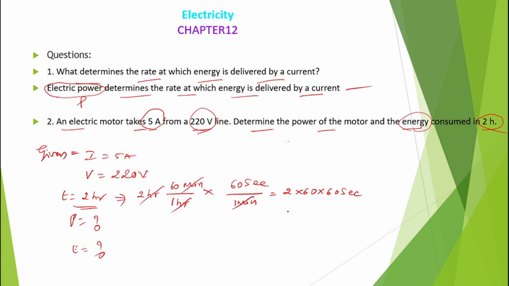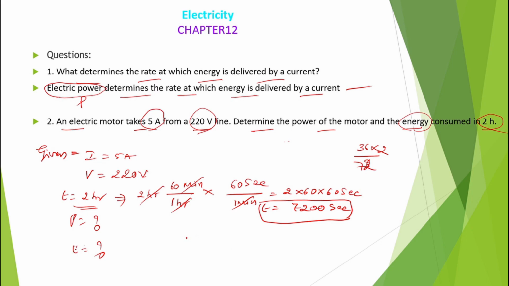So if we simplify this, 6 6s are 36, into 2, it is 7200 seconds. So small t is equal to 7200 seconds. So what do we have to calculate now?